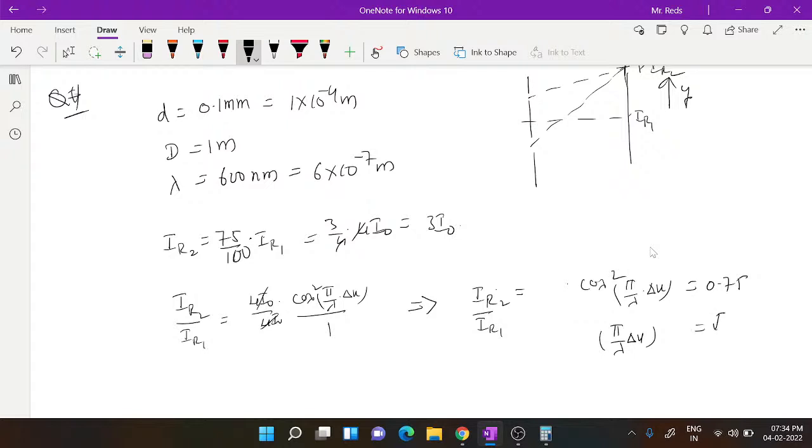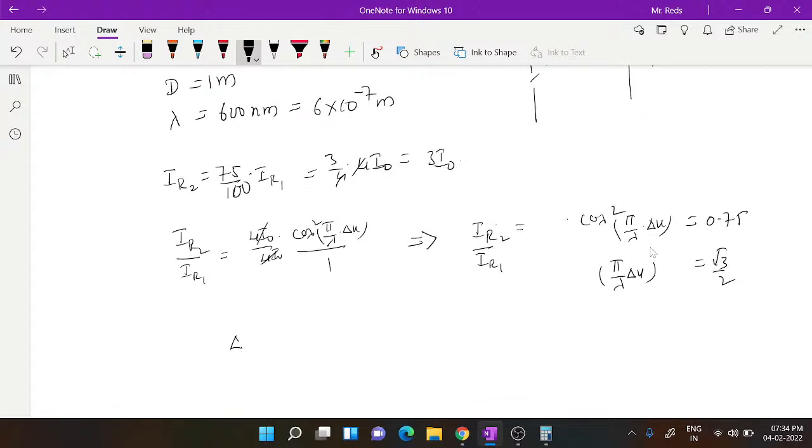If this is root 3 by 2, this angle gives the path difference.